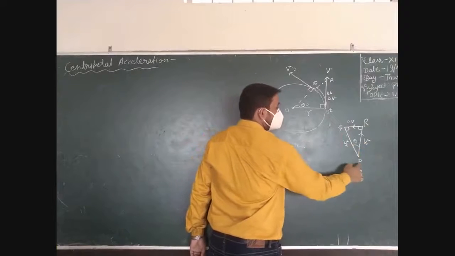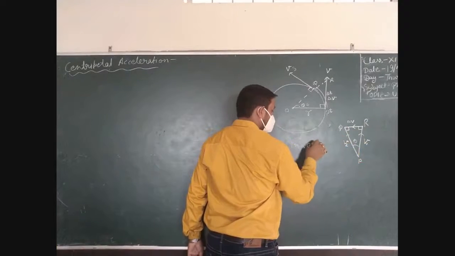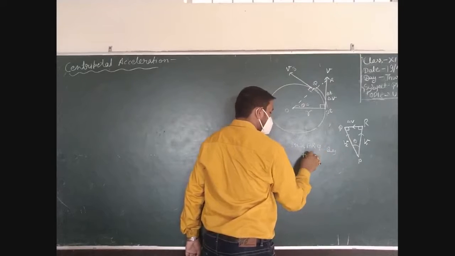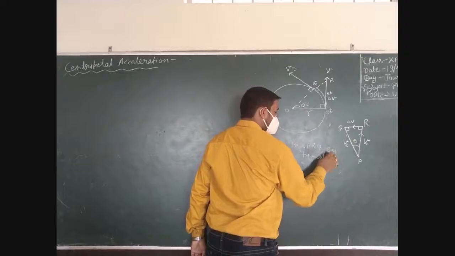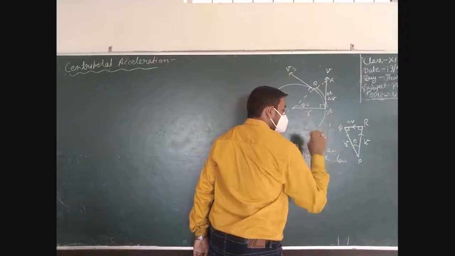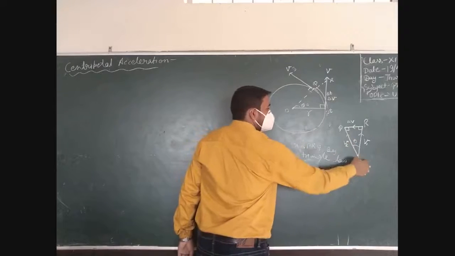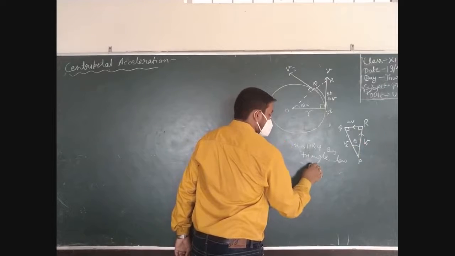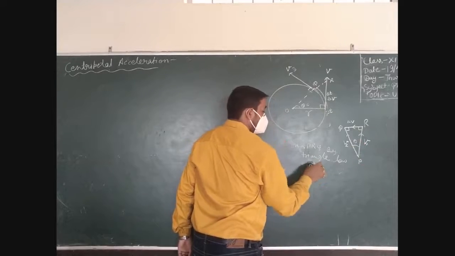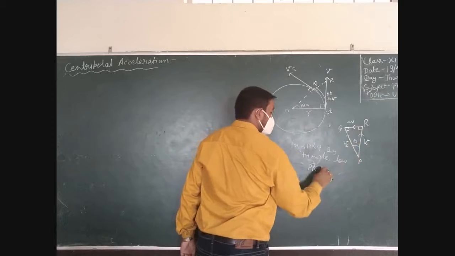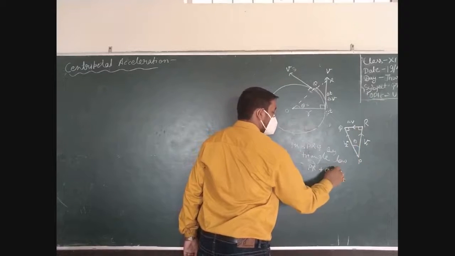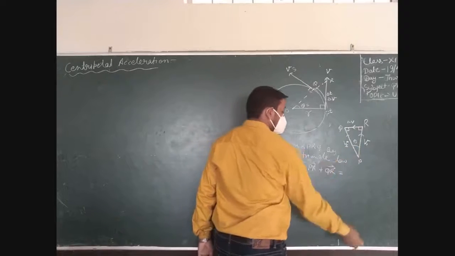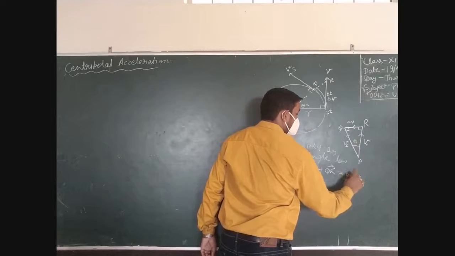Now by using this triangle, in triangle PRQ, we get vector PR plus vector QR equal to the resultant vector.